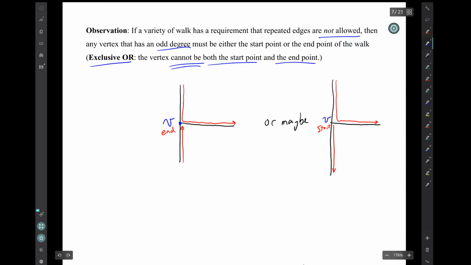So you see that that vertex V, which has odd degree, has to either be the end point of the walk or the starting point of the walk. So I guess the observation should say, if the variety of walk has a requirement that repeated edges are not allowed, and also that every edge has to be used. If every edge doesn't have to be used, then maybe vertex V wouldn't get visited at all.